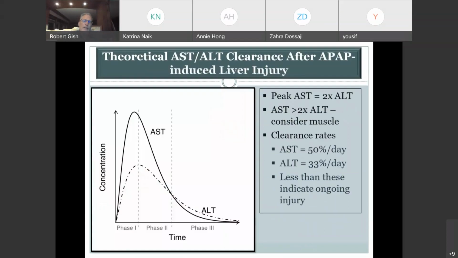It's just timing. It's kind of interesting why AST goes up early and higher. But if the AST is more than twice ALT, consider getting a CK or aldolase. You can see here, it's kind of interesting. AST's got a faster clearance rate, so it must be, I believe, a peripheral effect.